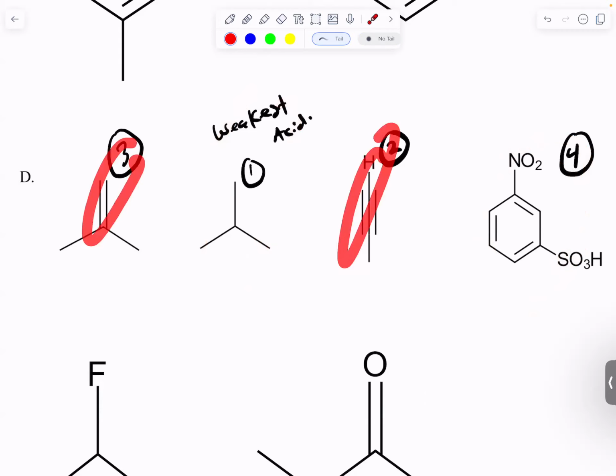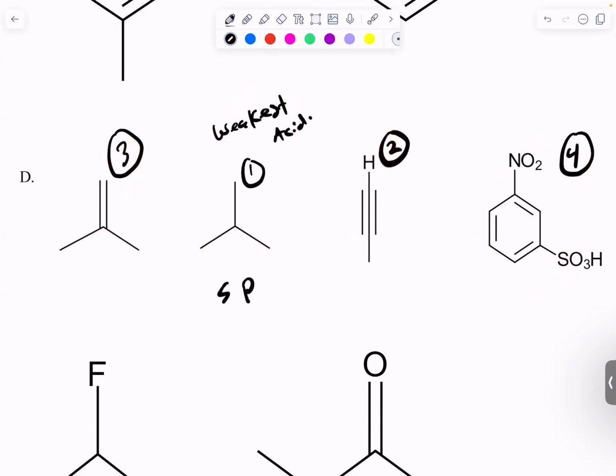Now between here, don't forget that other trend that you brought up earlier, right? If this is sp3, then the s character is only 25%. If this is sp2, then the s character is going to be 33%.